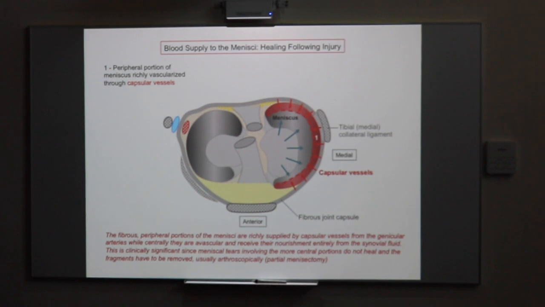Guys, if we have arteries in the central part, the body weight is there. It can press the arteries. It can crush the arteries. So in the central zone, which is avascular, synovial fluid, through diffusion, sends nutrition to this zone. So there is slow healing. And in the peripheral zone, arteries can survive here and cannot survive there.